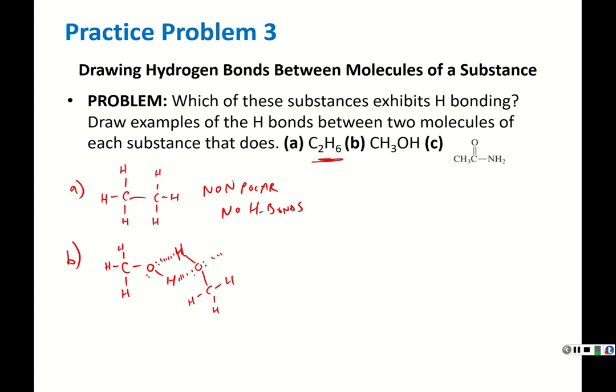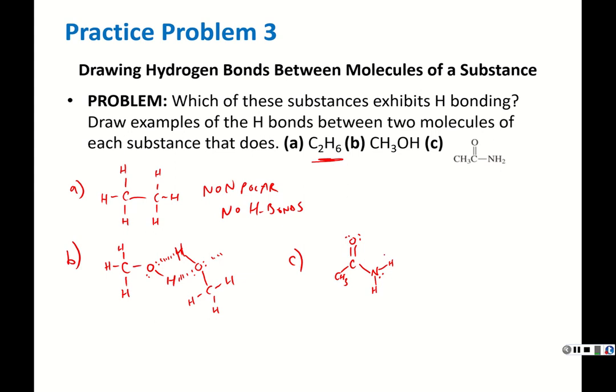Okay, and finally C, I'll do that right here. C is a little bit more complex. I'm just going to write CH3 for that; those are not going to be participating in hydrogen bonds. This one, and I should show the lone pairs here, is polar.